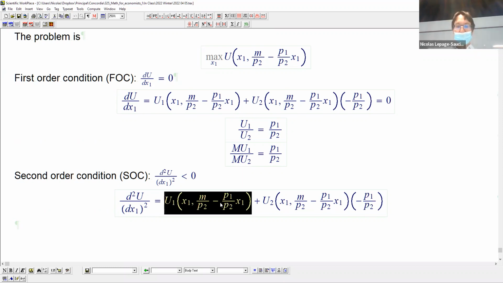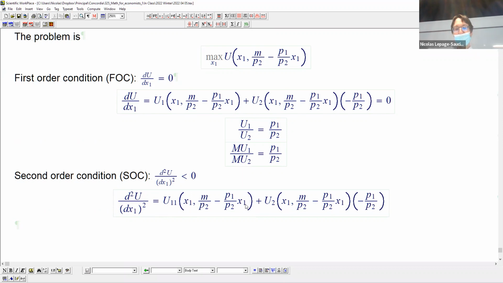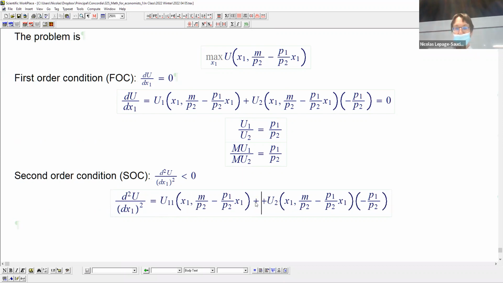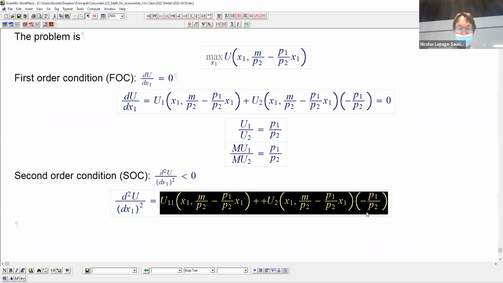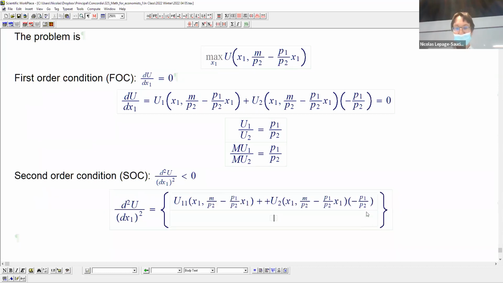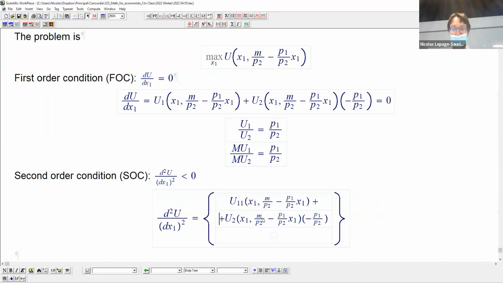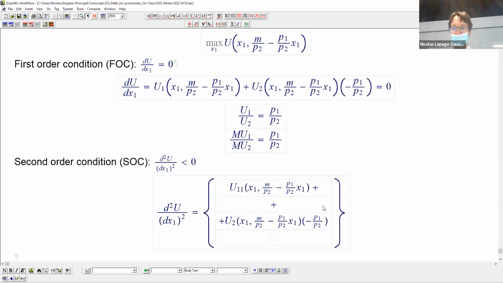So let's do that. This is going to be the second derivative of the utility function with respect to the first argument, plus, I'm going to write them on four different lines, otherwise I'm going to run out.